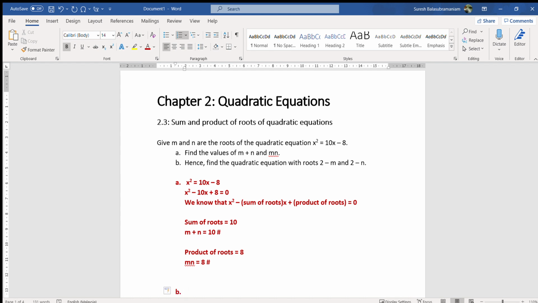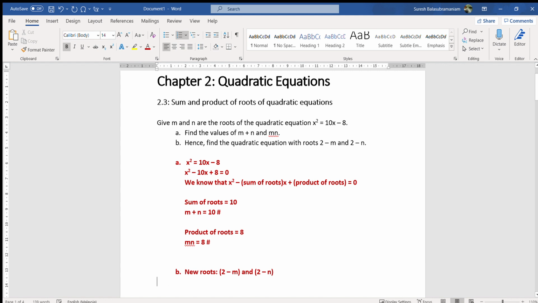Hence find the quadratic equation with the roots 2 minus m and 2 minus n. So I will assume that 2 minus m and 2 minus n are the new roots. So these are the new roots. I'll find the sum of roots first.